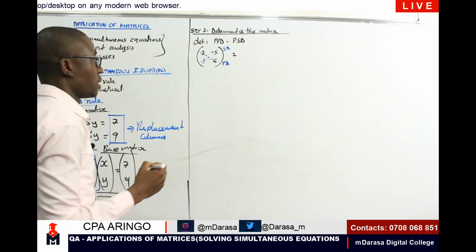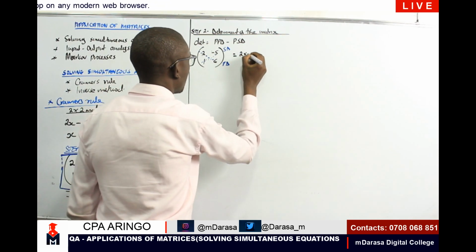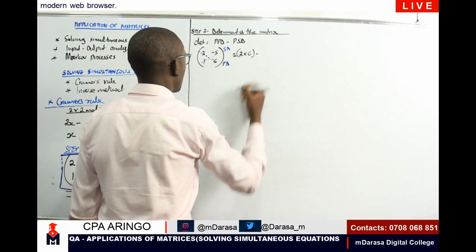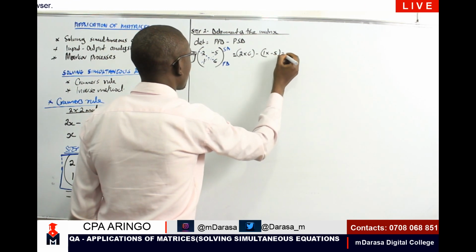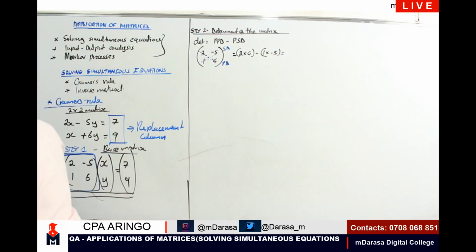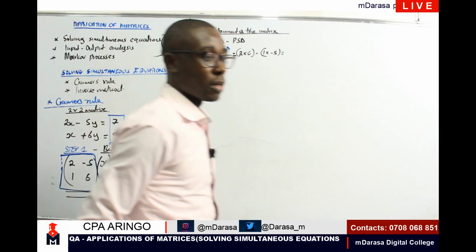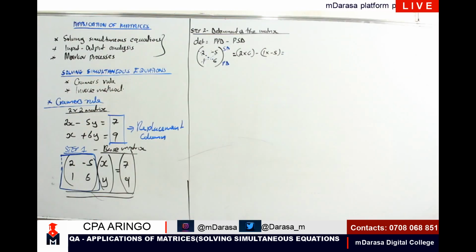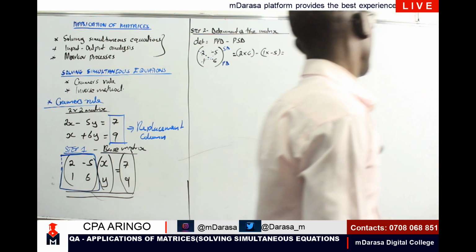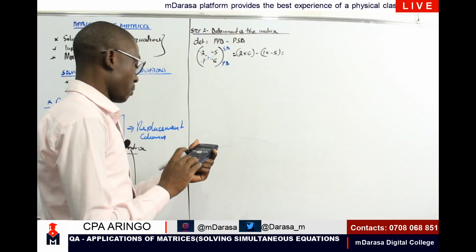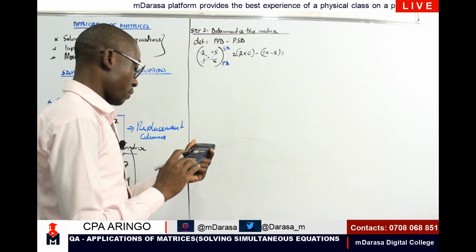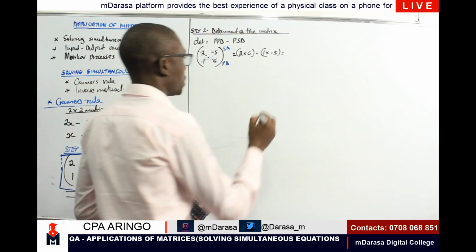So therefore, at this point, you can confidently determine our determinant. The determinant would be 2 by 6 less 1 by negative 5. So 2 by 6 minus 1 by -5 should give us a figure of 17.